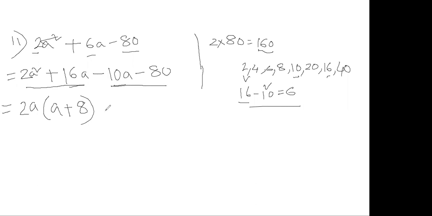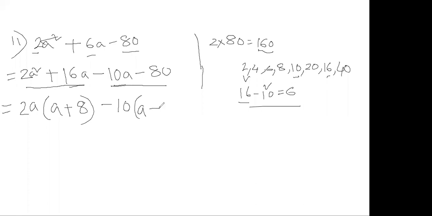Next, for these two expressions, both have minus common, so we write minus. Then 80 is also divisible by 10, 10 is also divisible by 10, so we write 10. Now 10a divided by 10 is a.